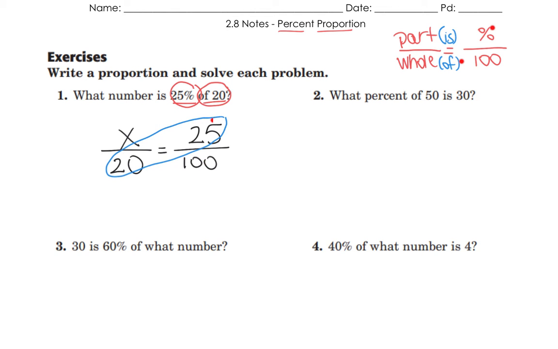So this gives us 500. Then what we want to do is divide by the leftover number. The leftover number is 100. That's going to give us our missing answer. 500 divided by 100 is 5. So the missing part is X equals 5.